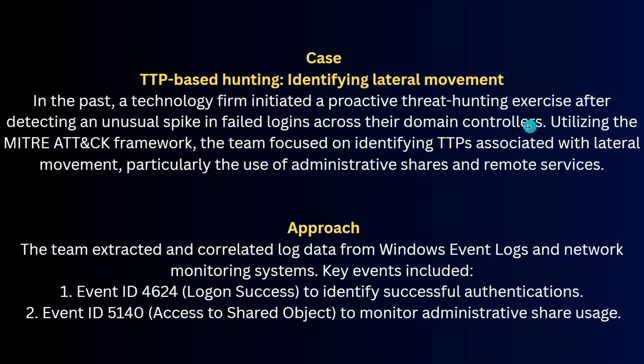So there's a high number of login failures. Utilizing the MITRE ATT&CK framework, the team focused on identifying TTPs associated with lateral movement, particularly use of administrative shares and remote services, right? So here they are hunting for TTPs related to lateral movement. We can do a similar approach, right?